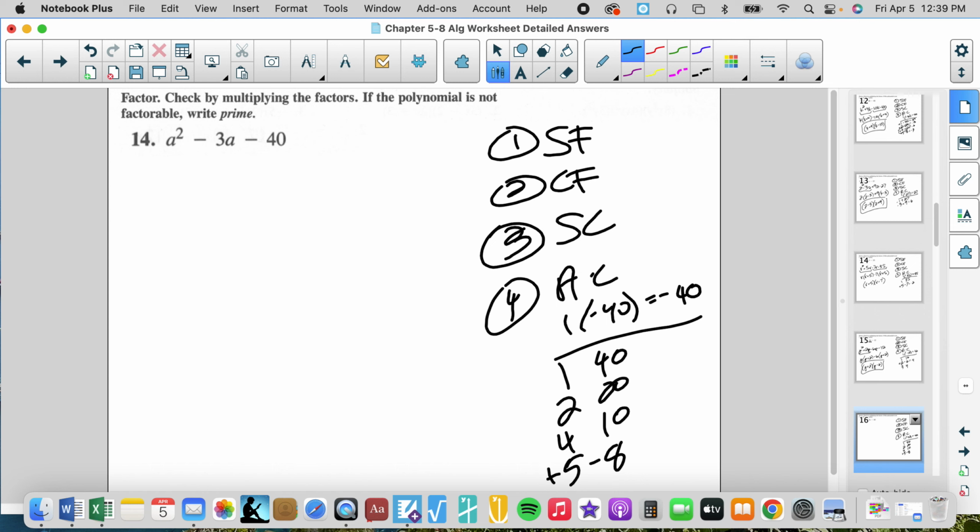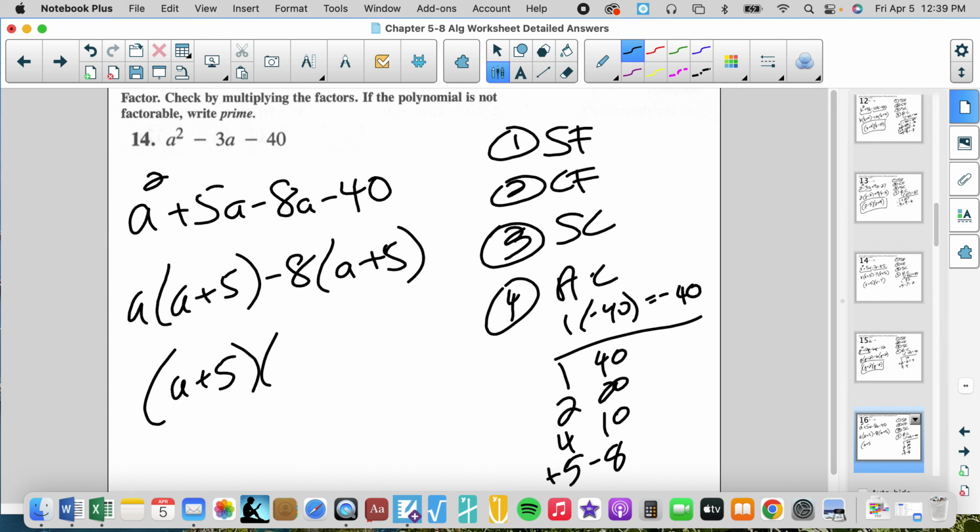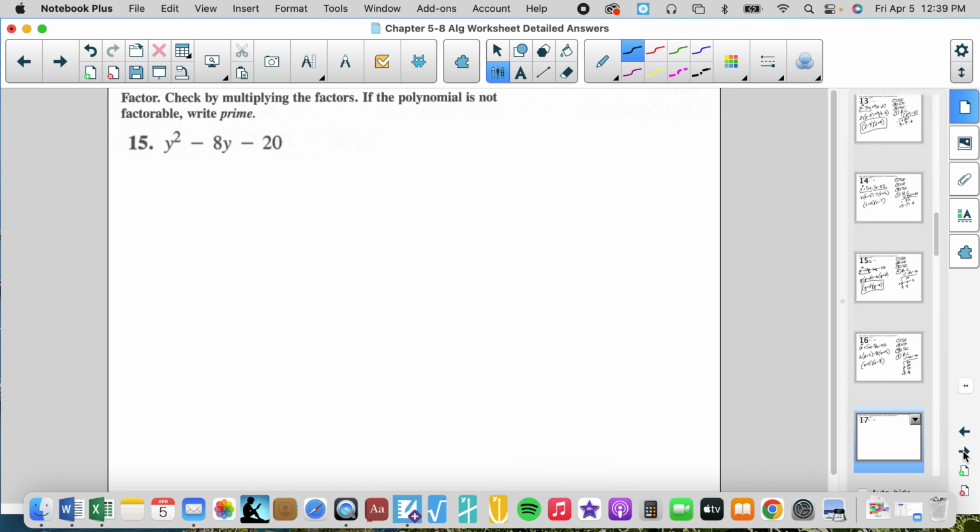Those are going to be my inside and outside, plus 5a minus 8a minus 40. Factor out an a, you get a plus 5. Factor out a negative 8, a plus 5. a plus 5, a minus 8 is our answer.